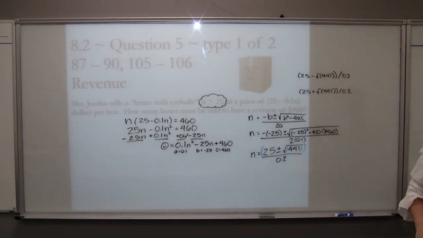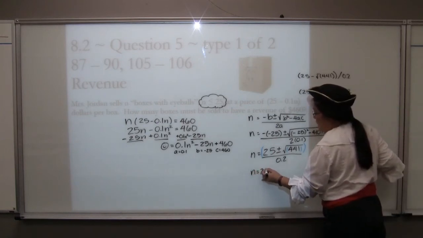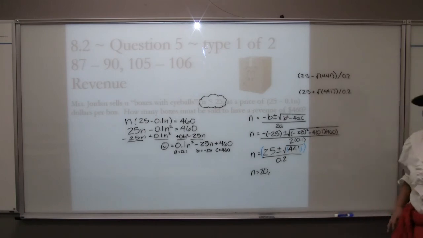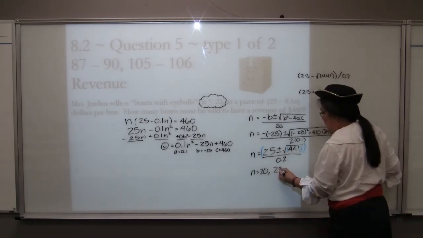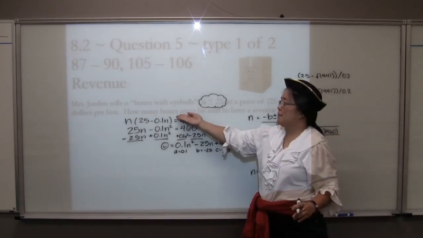All right, and then if we do that, we will get numbers and different numbers. For this first one, we will get n is equal to 20, comma, the other one was n equals 230. Now, what was n? How many boxes?